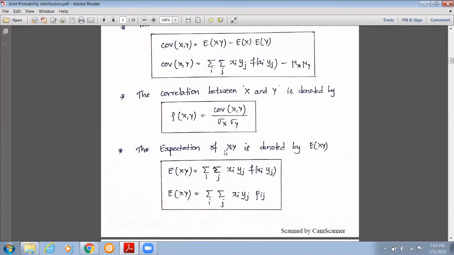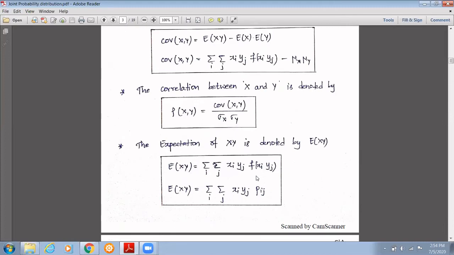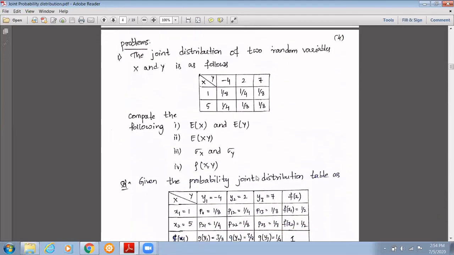Next is the expectation of xy, the product of two random variables. It is given by E of xy is equal to double summation xi yj into f of xi comma yj. These are the important formulas we require to solve problems under the joint probability distribution. So now we move to the problems.